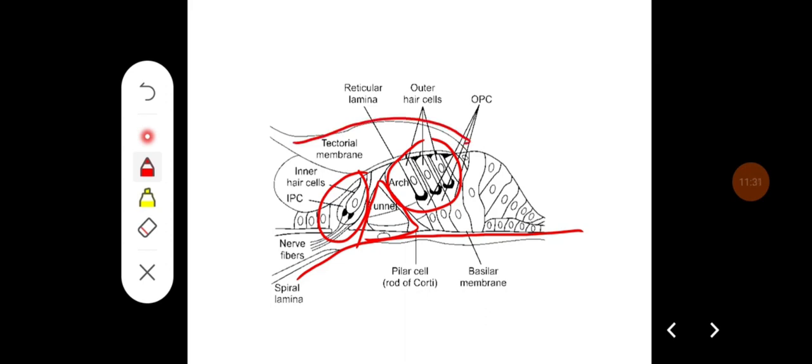And you can see the nerves which form the spiral ganglion from hair cells, which helps in the transmission of the action potential from these hair cells. The other supporting cells for the outer hair cells are the cells of Claudius.